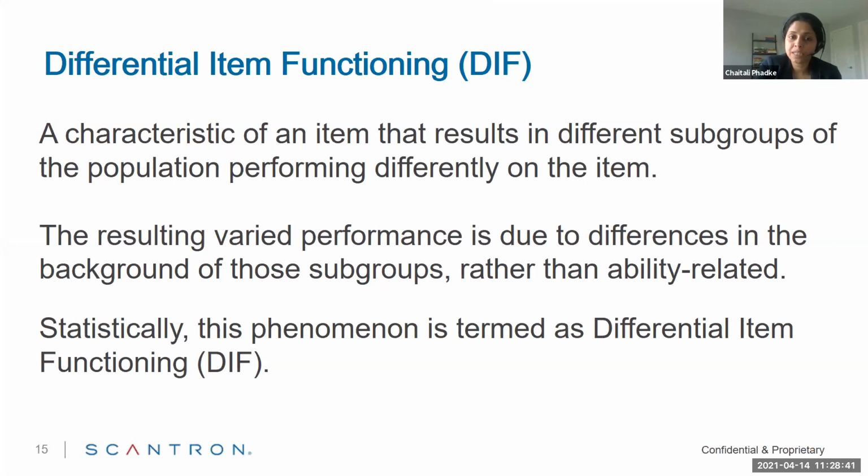As the name suggests, it is a characteristic of an item that results in differential or varied performances across subgroups in the population on that particular item. There are various statistical indices which help us understand the extent to which DIF may be present in an item.